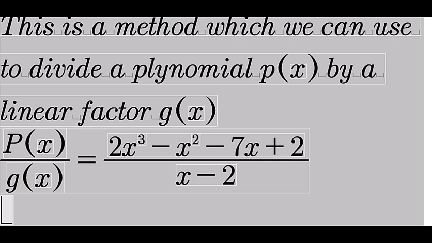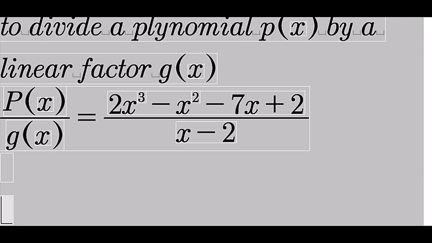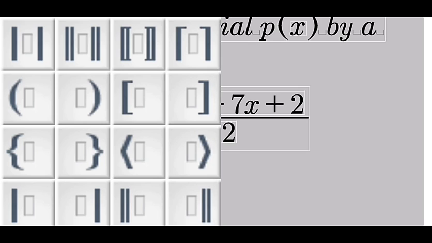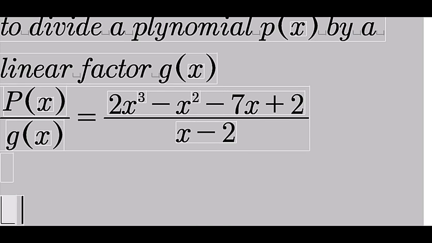Understood? So now we draw a line, and instead of writing minus 2 here, we write plus 2. Suppose the linear factor is x plus 2, then we should have written minus 2 here. But because the factor is x minus 2, we take only the whole number in its alternate sign, that is plus 2.